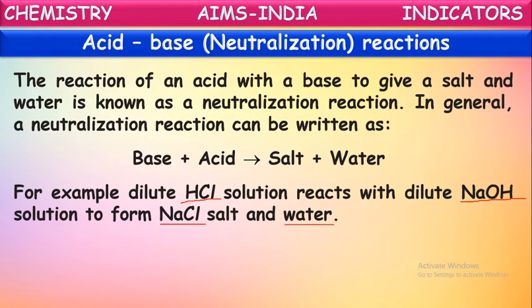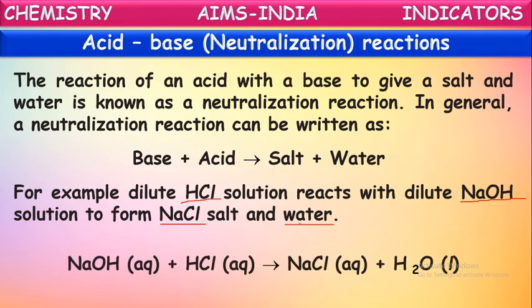Acid and base react together to form salt and water. These reactions are generally called neutralization reactions. Acid is neutralized with base. We can show this as an equation like this: base reacting with acid to form salt and water.